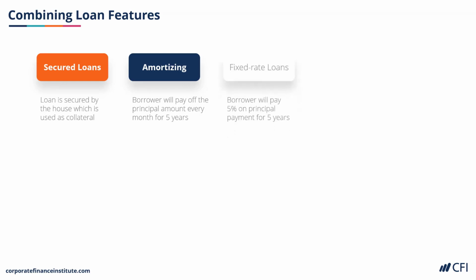And finally, it has a fixed interest rate, say 5%, that's locked in over those 5 years. These three features can be combined in a product such as a loan for machinery or equipment financing. The loan is backed by security, which is the machinery or the equipment. It amortizes over a period of years and has a fixed interest rate.